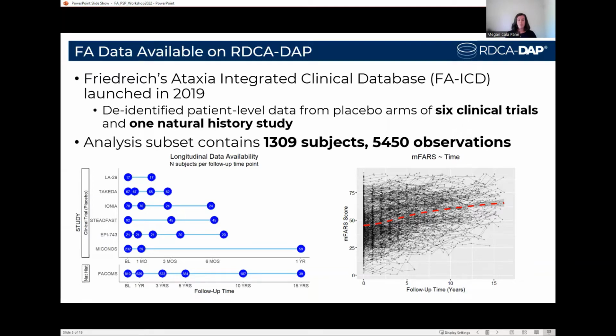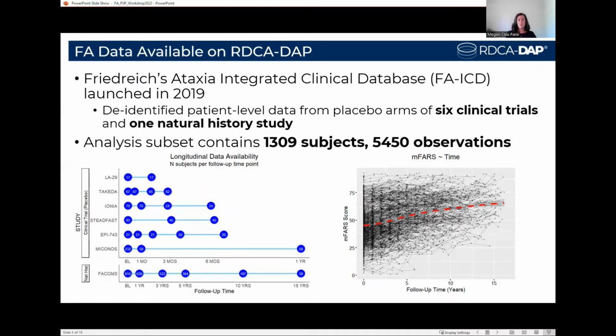So together, this represents just over 1,300 subjects and close to 5,500 observations. And to get a sense of the longitudinal availability, the figure on the left shows each of the studies in the FAICD. That includes both the clinical trials and the natural history study, and the number of subjects or observations at the specified follow-up times throughout the study duration.